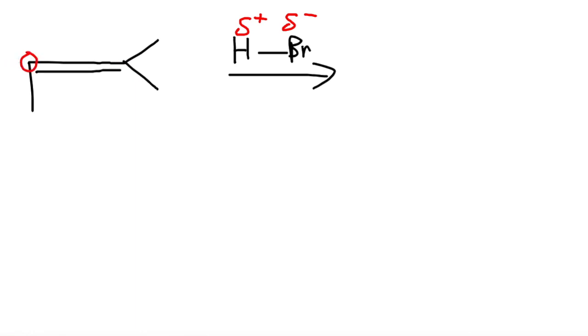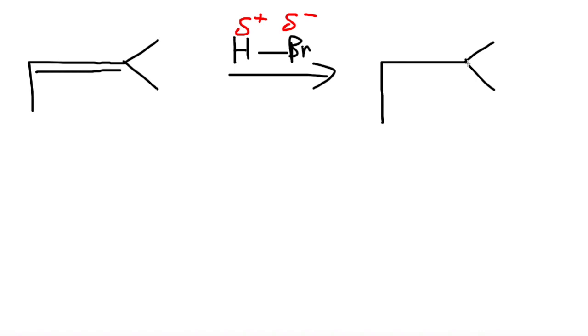On this carbon over here, you see that it has 2 hydrogens sticking out, compared to this carbon over here, where it has only 1 hydrogen. So the hydrogen will go on this carbon over here, shown in our product section.